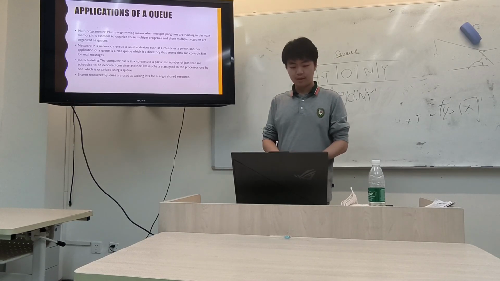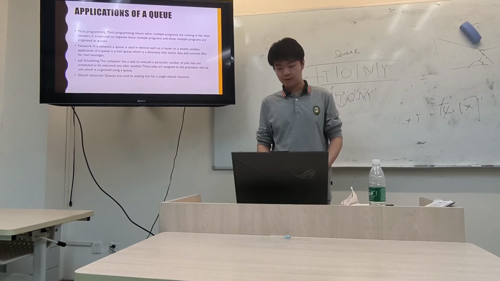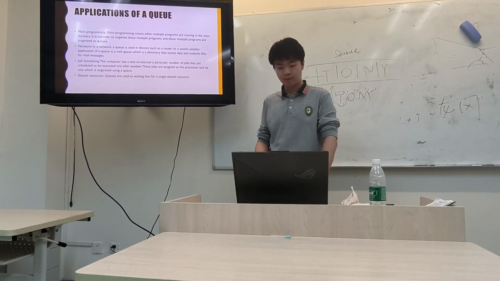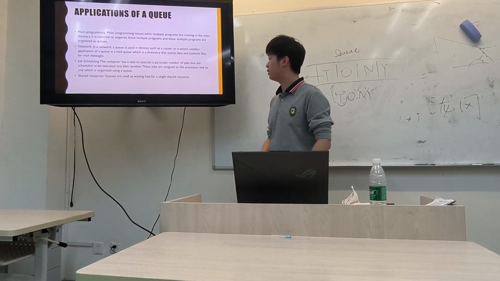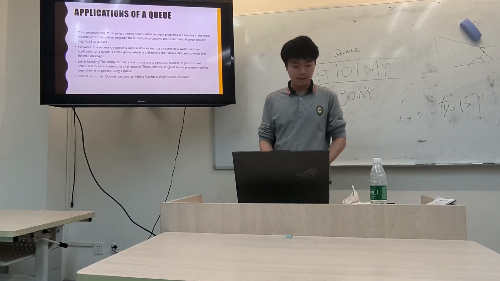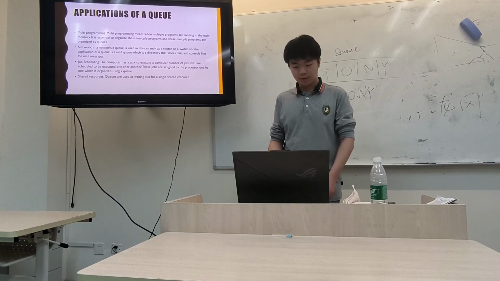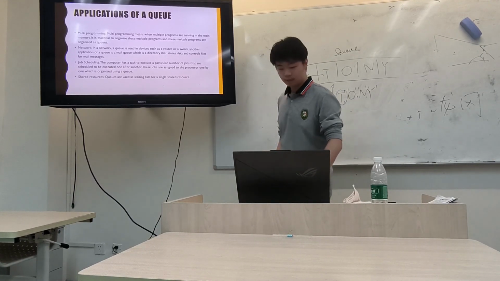So the computer has a task to execute a particular number of jobs that are scheduled to be executed one after another. These jobs are assigned to the processor one by one, which is organized using a queue. So the last is shared resources. So queues are used as waiting lists for a single shared resource.